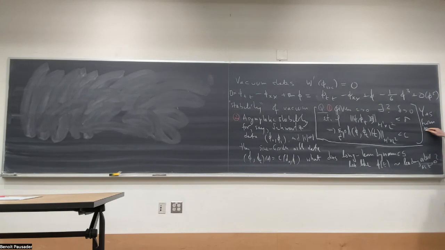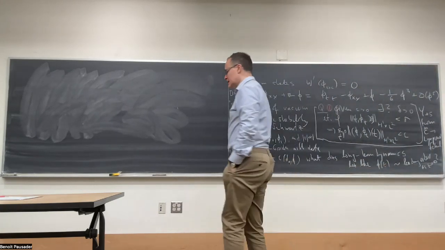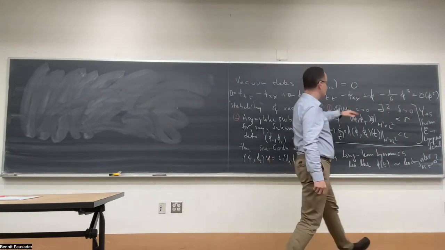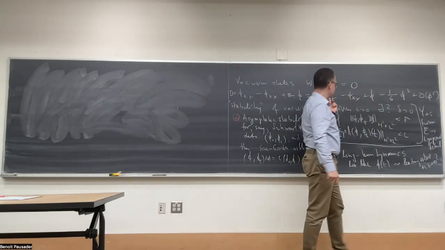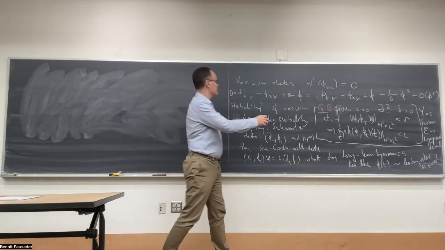From energy, if you use it as a Lyapunov function. Agreed? Energy is conserved. Then these terms can be neglected if the H1 cross L2 norm is small to begin with, because you use that.